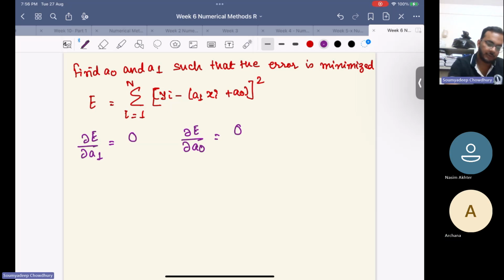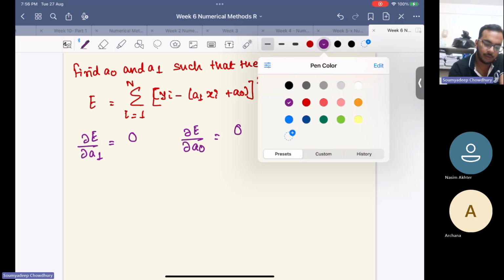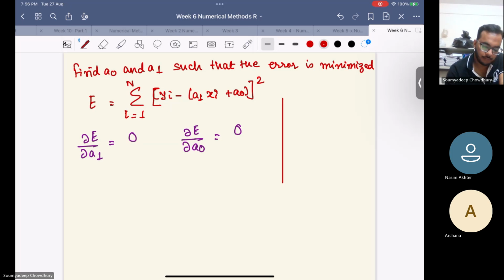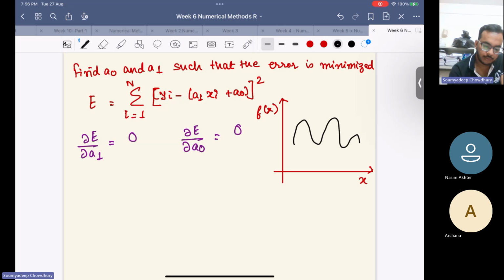Okay, fine. Suppose we have any function, a random function like this. Here, this is the maximum point, right?